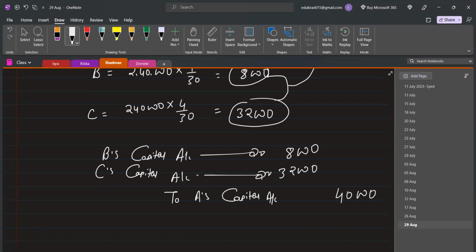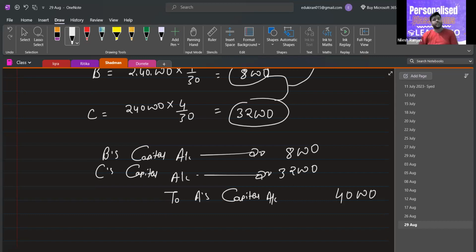Capital decreases on the debit side, and capital increases on the credit side. So A's capital will increase and B's and C's capital will decrease.